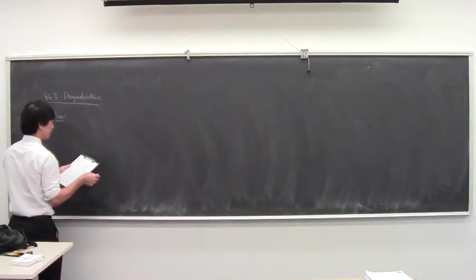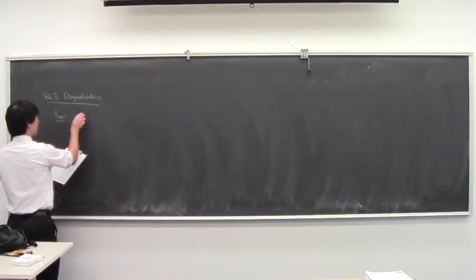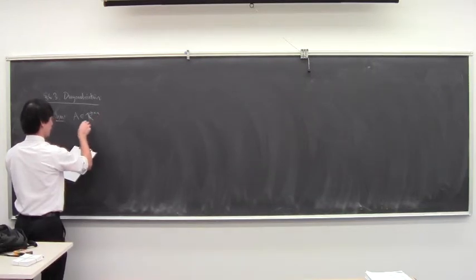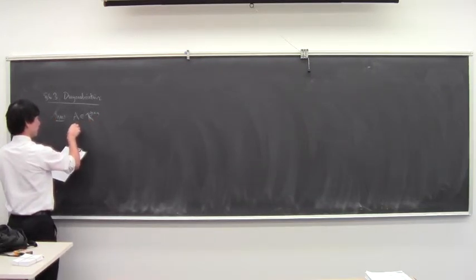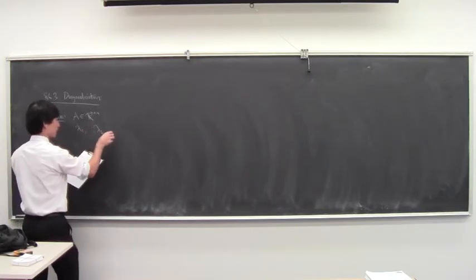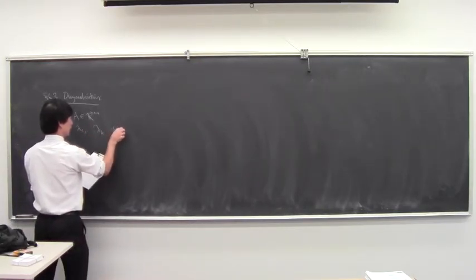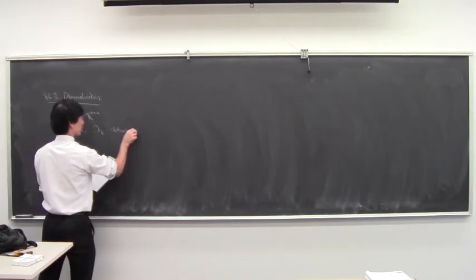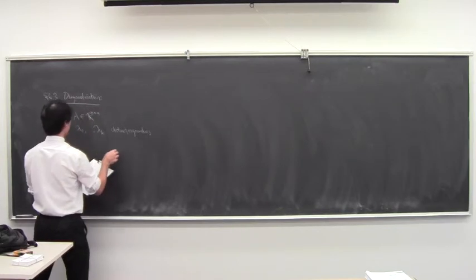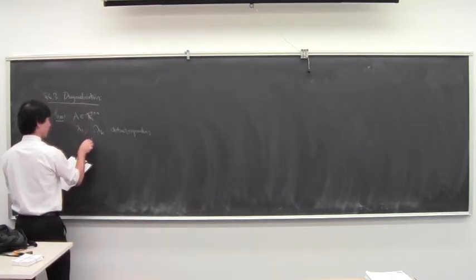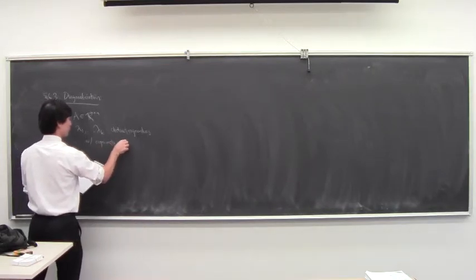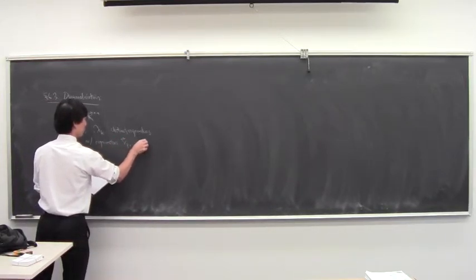Okay, so you have an n by n matrix, and suppose it has k distinct eigenvalues, with eigenvectors v1 through vk.